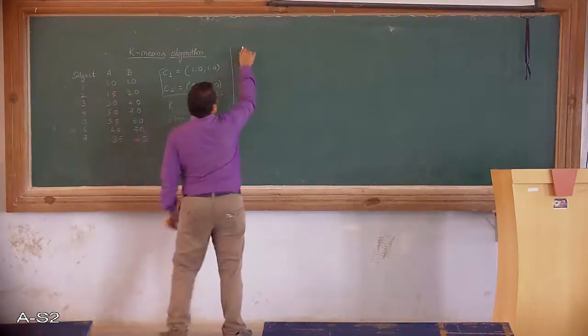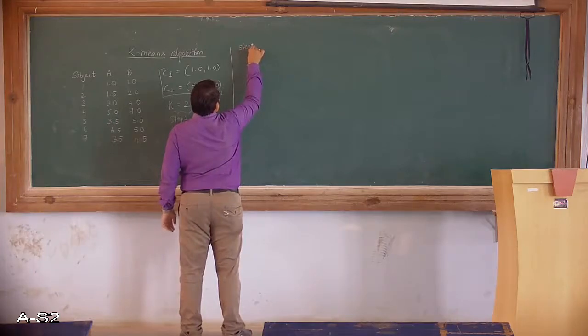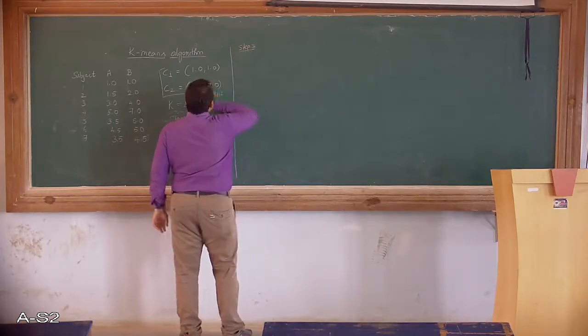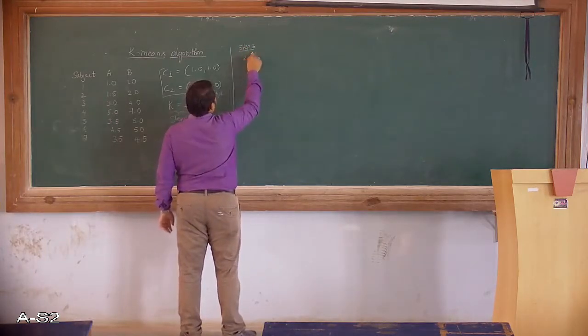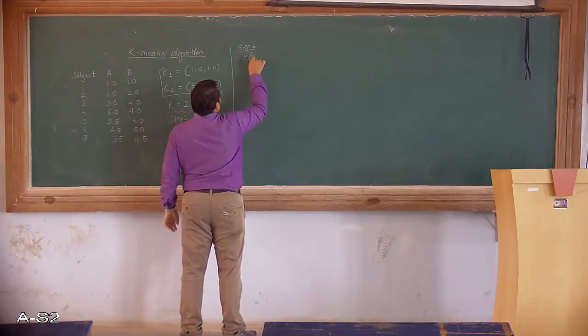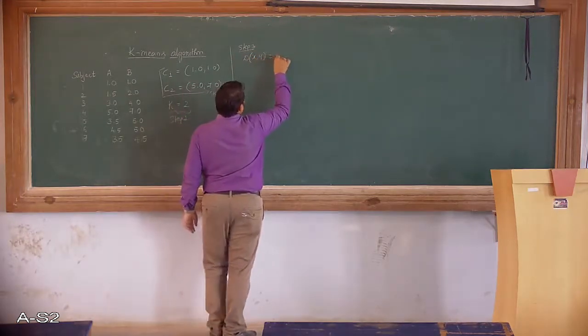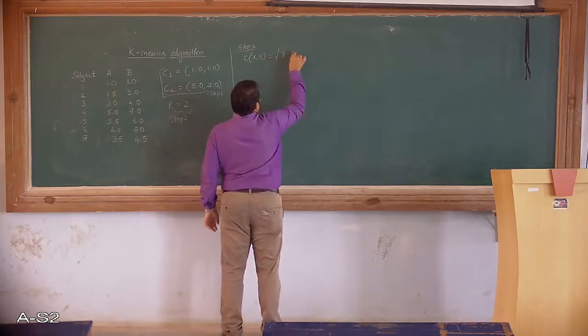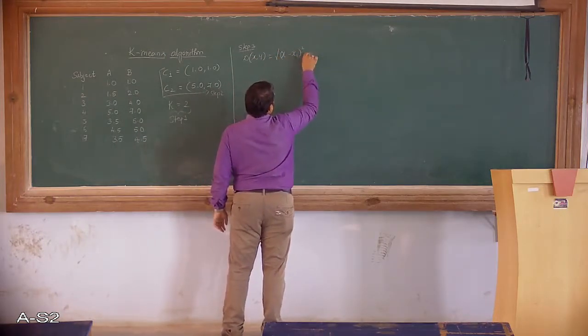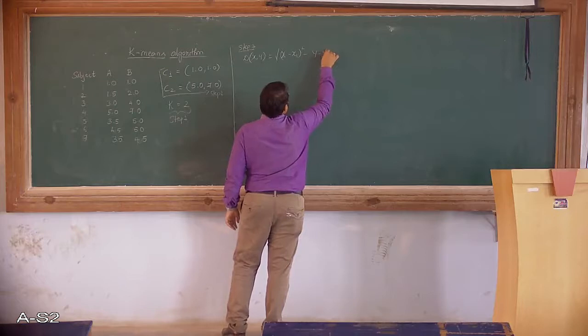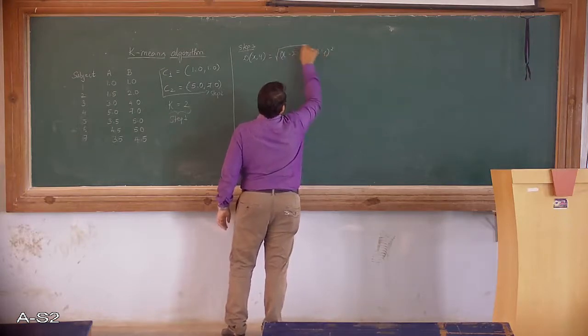Next, step 3 is to compute the Euclidean distance. The Euclidean distance is given by d(x, y) = the square root of (x minus xi) whole square plus (y minus yi) whole square.